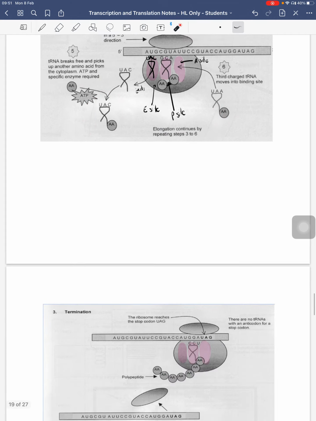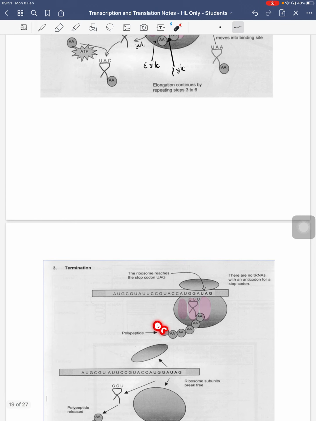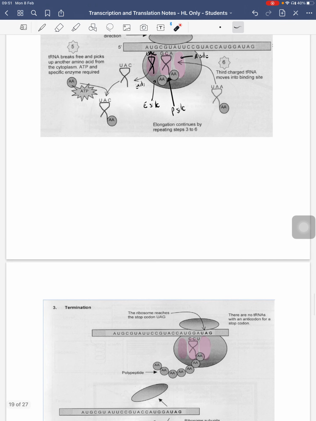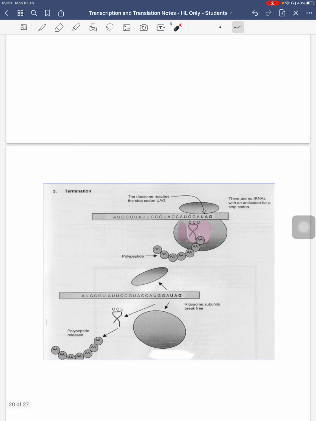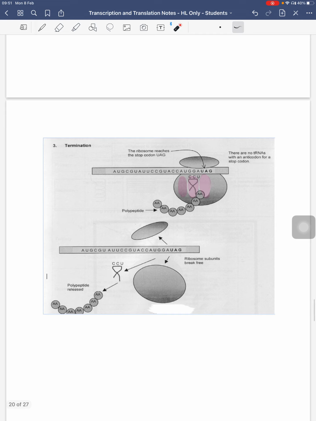So that repeats, and you can see here's the original two amino acids. The third one came in here. It's represented right here, and then this has all happened again and again and again. So this happens literally thousands of times. And then eventually we hit the stop codon.